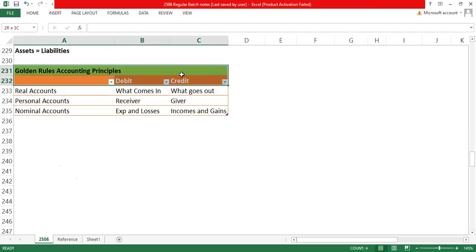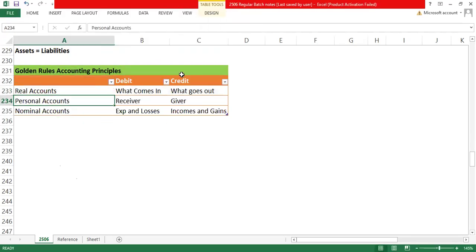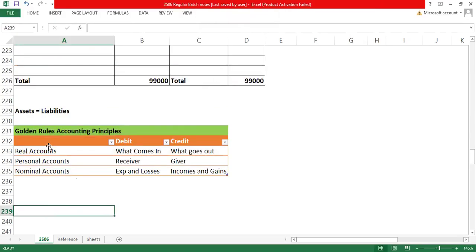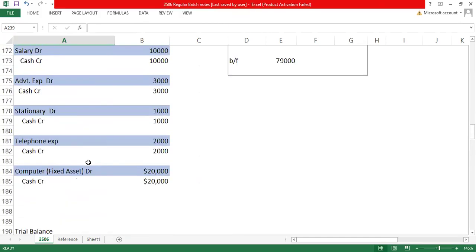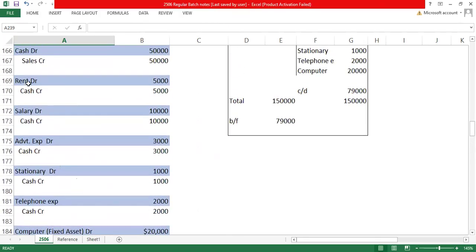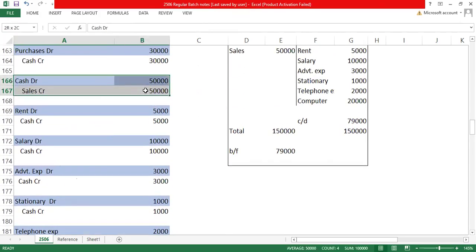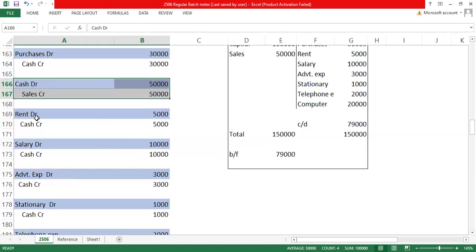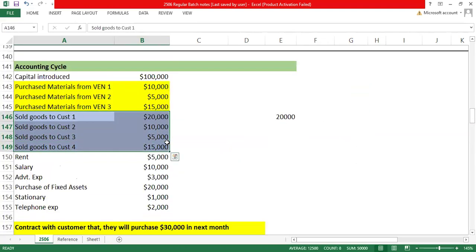Okay, as a part of business, the person who is receiving is a debit. Now here we made a sale. Whenever you make a sale, there is somebody who receives something. Let's say here, customer 1, customer 2, customer 3, vendor 1, vendor 2, vendor 3.